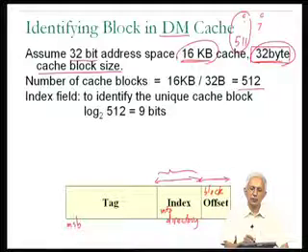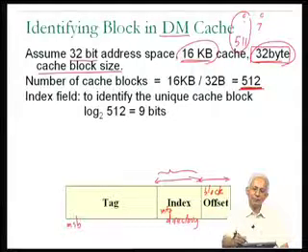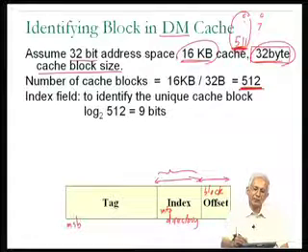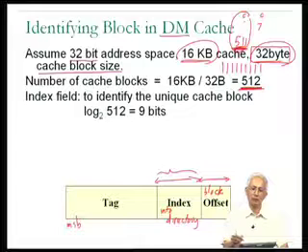And just to make sure we understand this, if I think about the fact that there are 512 blocks, and the blocks are numbered between 0 and 511, just ask yourself the question, in binary, how many bits does it take to represent 511? If you run through the binary representation of 511, you will realize that it is 256 plus 128 plus 64 plus 32 plus 16 plus 8 plus 4 plus 2 plus 1.